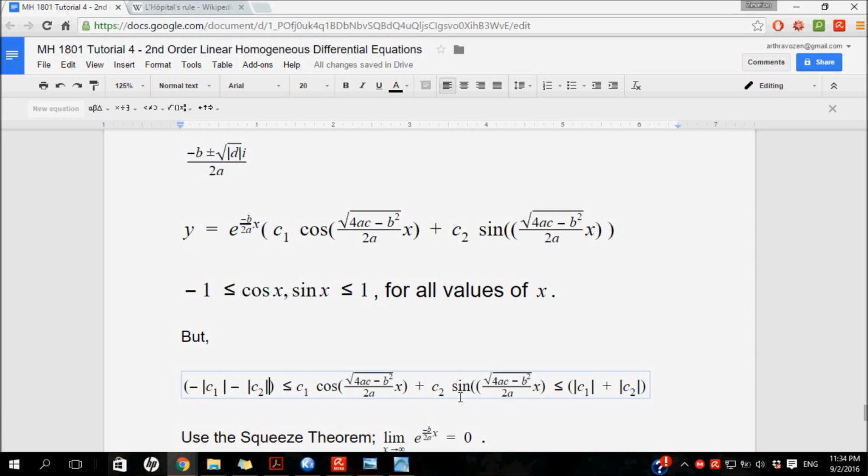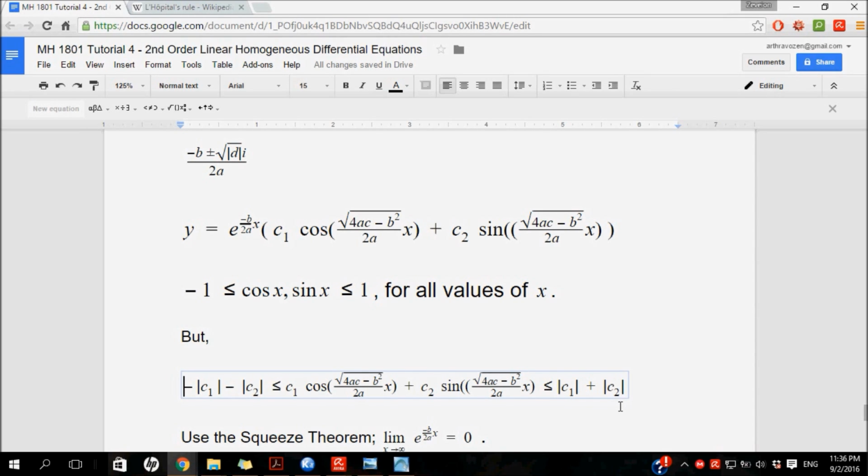What we then know is that regardless of whether they are positive or negative, such an expression coming from our inequality over here must satisfy that it is less than or equal to the sum of the absolute values of C1 and C2. In a similar way, we also obtain a lower bound. So we have to introduce absolute value signs to account for this fact.